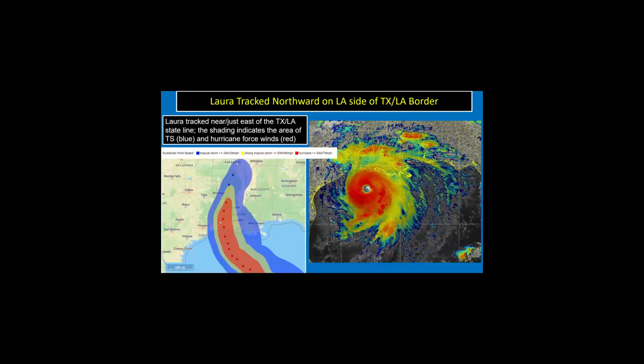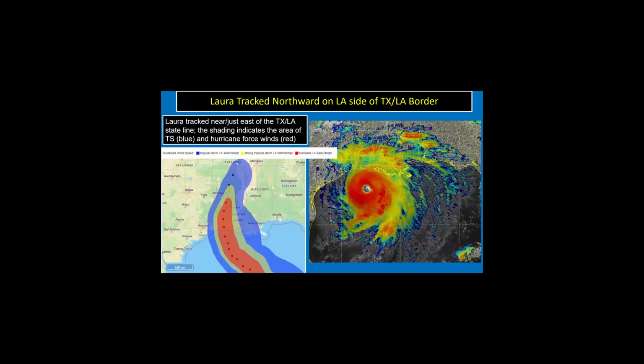Up into Lake Charles, they had those very high winds, and then storm surge up to 16 feet above ground in some of the smaller towns just to the right of the center. So Grand Chenier and Creole and places like that really got hit extremely hard.